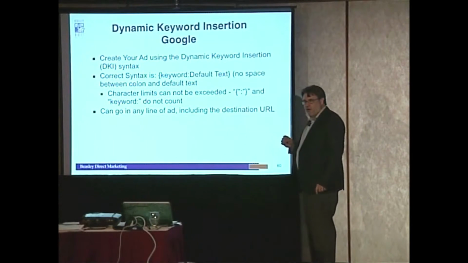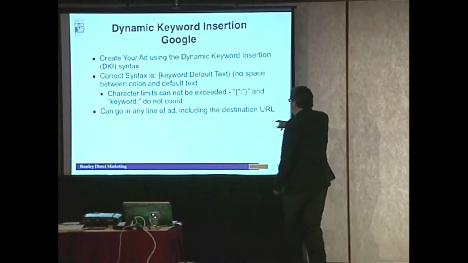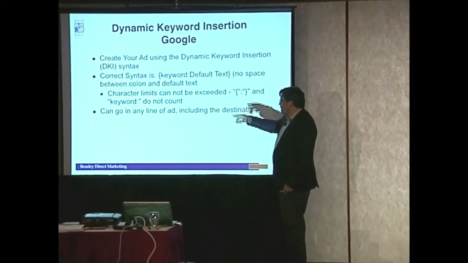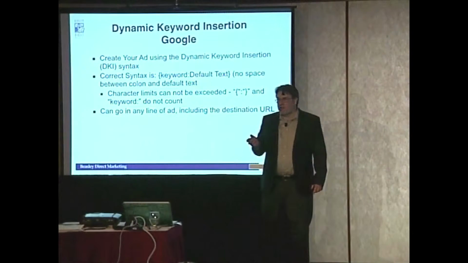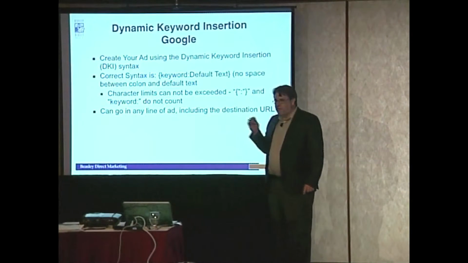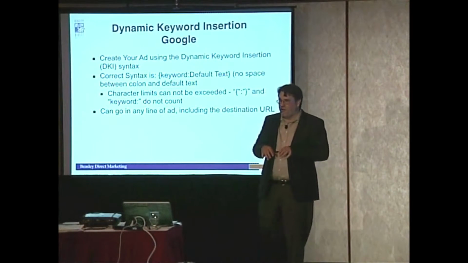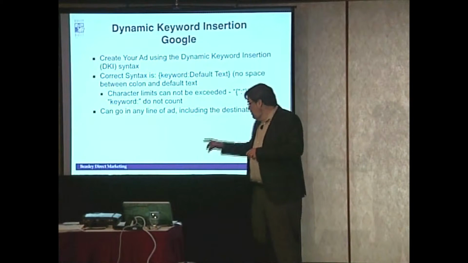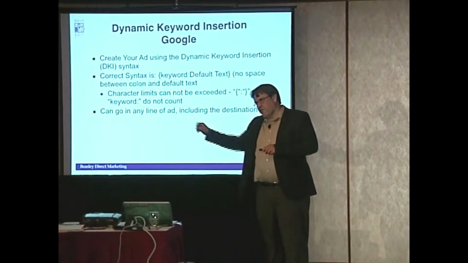You can't exceed the character limits, but the curly brackets, the colon, and the word keyword do not count against character limits, okay? Now just a little safety hint, as you're in the Google interface and you're typing this in, until you close that second curly bracket, Google's going to start saying you're over, you're over, you're over.